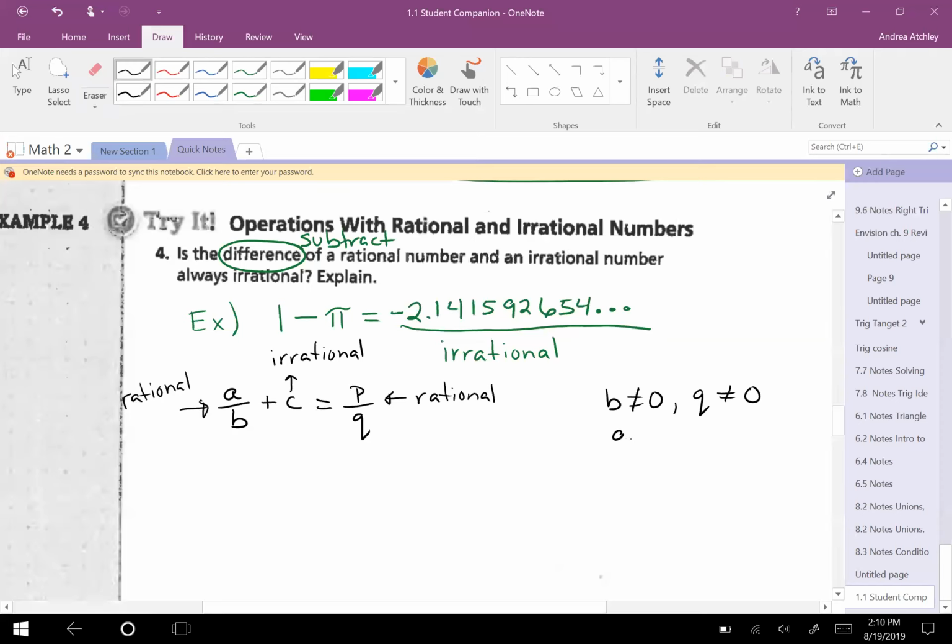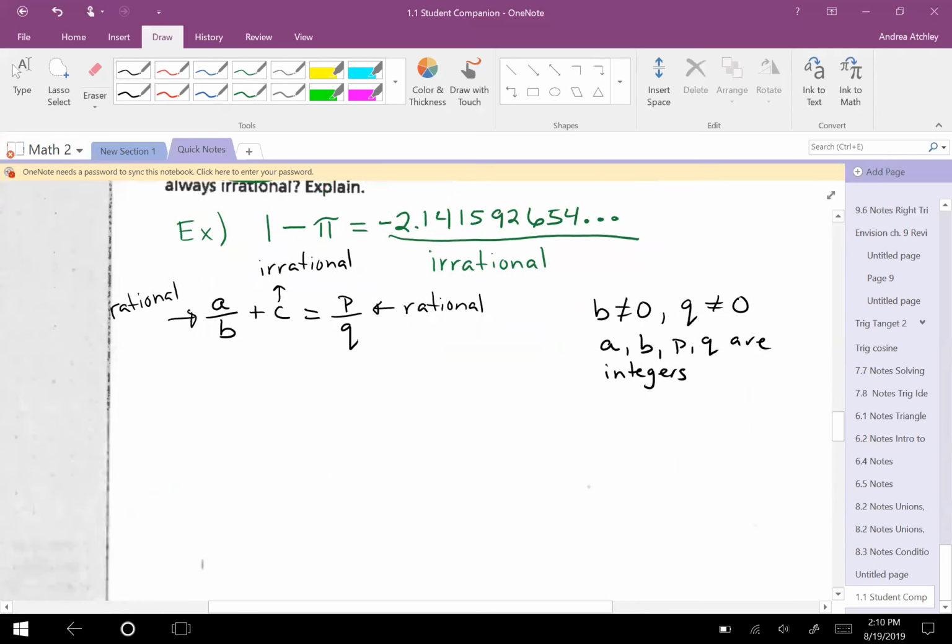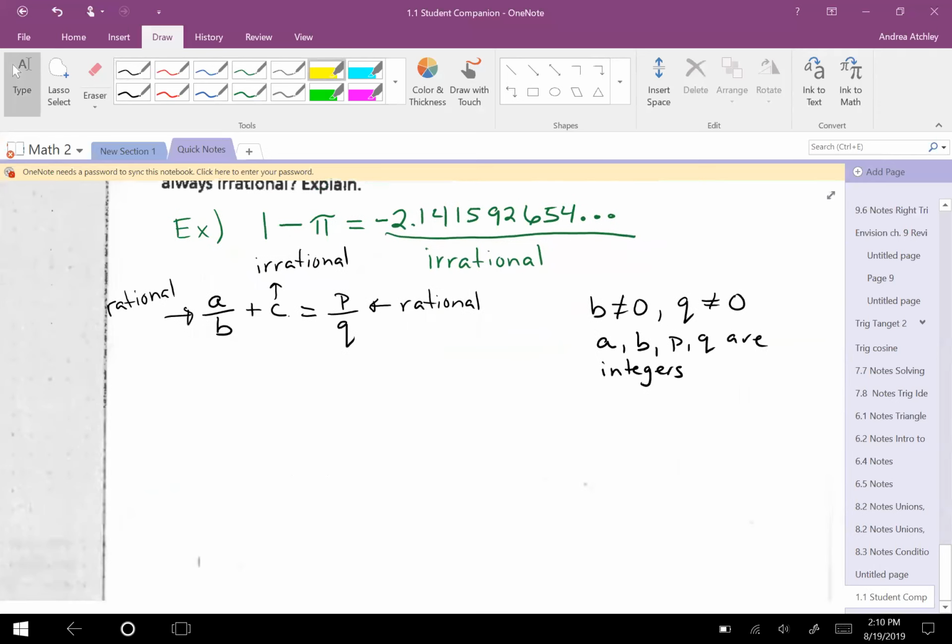They're also saying that A, B, P, and Q are integers. And C again is irrational. They then are going to ask you to solve this. So they want you to get that C by itself.